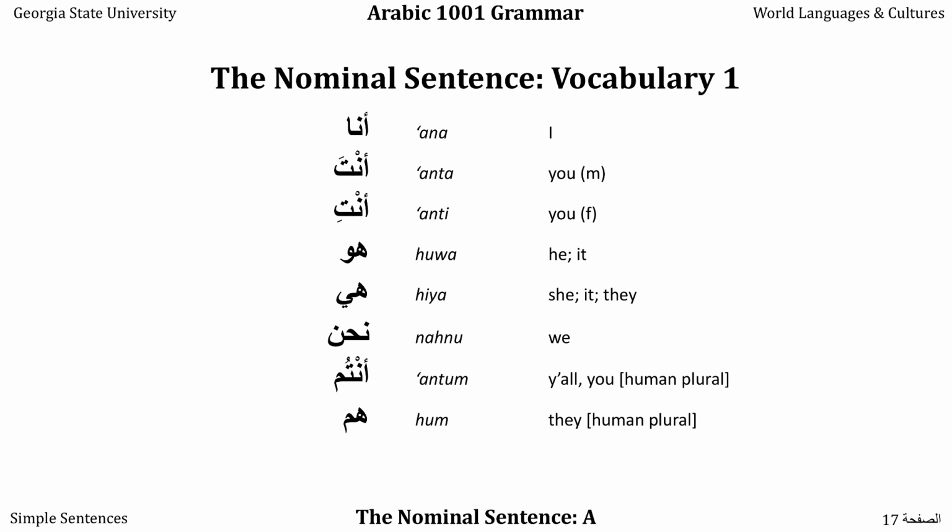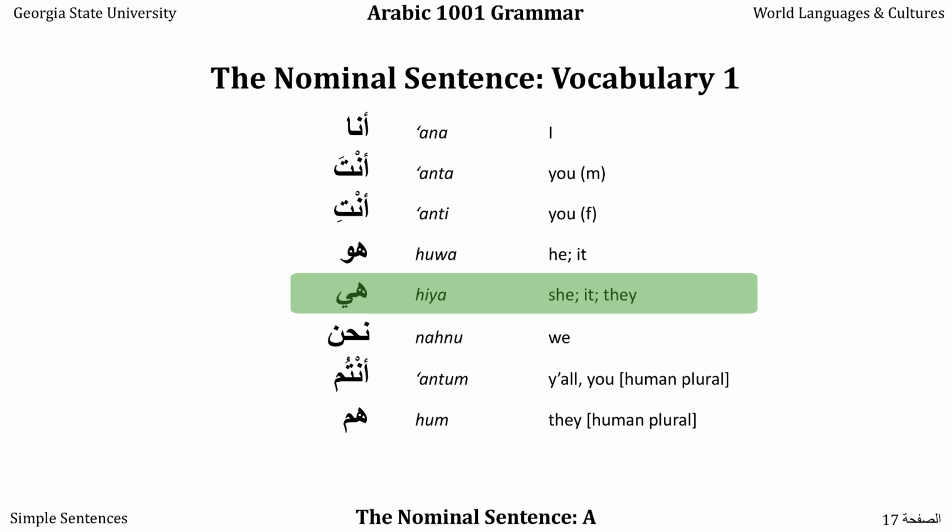And then just to be clear, we have our subject pronouns, so you have them all on the same page. These 8 are the ones we commonly use in first year Arabic. Ana for I, it looks like ana, but it's ana. Anta and anti for you boy and you girl. Huwa can mean he, or it can mean it for a non-human masculine object. Hiya can mean she for a female person.